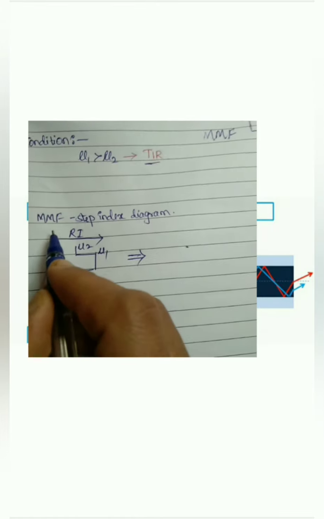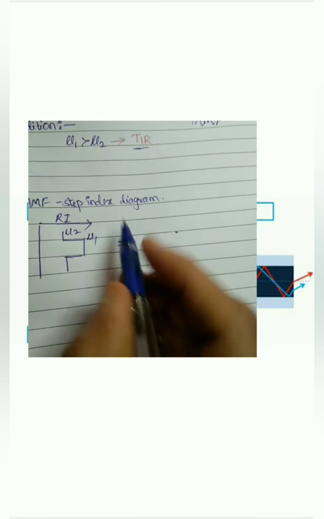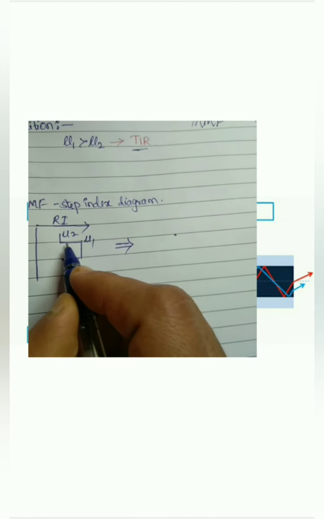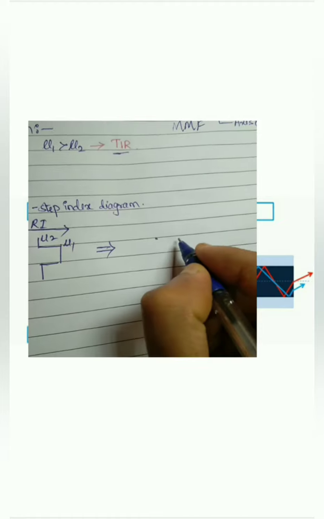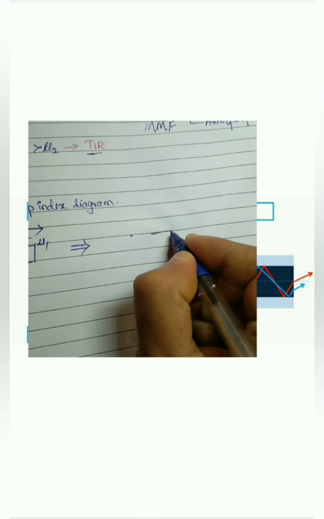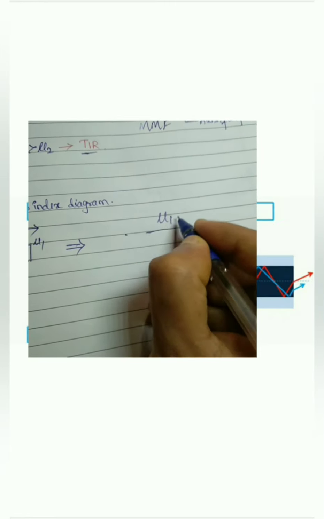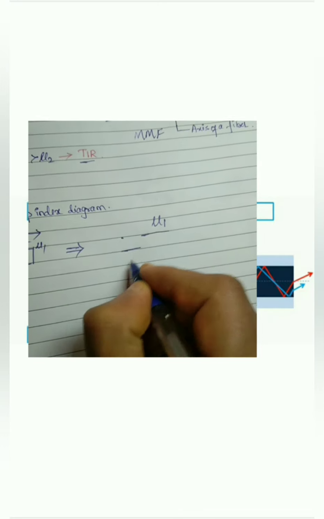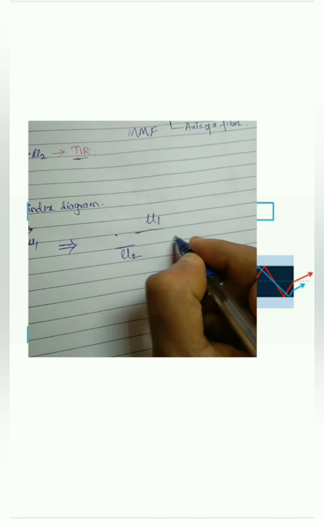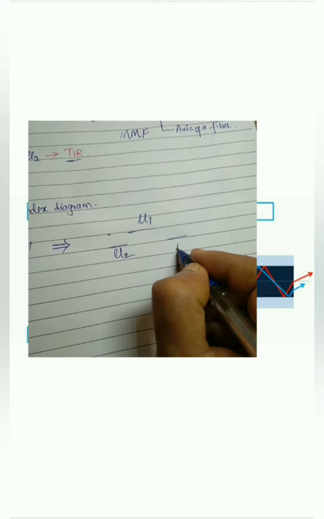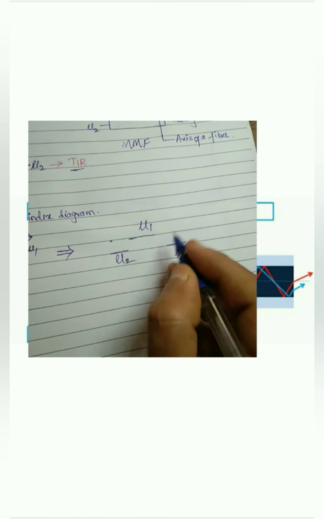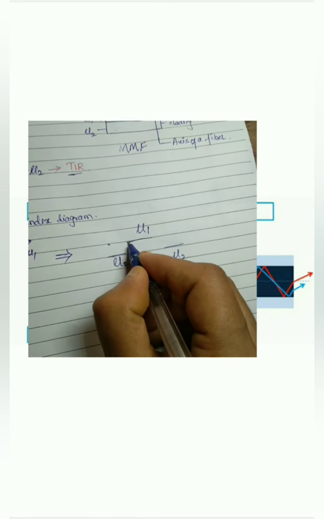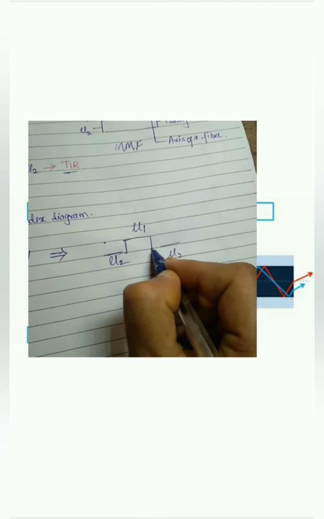Now let us move to the MMF step index diagram, the index profile. See, let me tell you in only one easy method. This one is called as mu1, that is the core, and this one is called as one-sided cladding, and this one is called as another side of cladding. Upper or lower, lower or upper. Now it's the time to join the index profile.